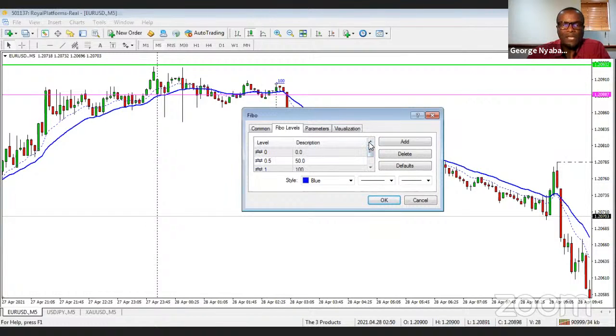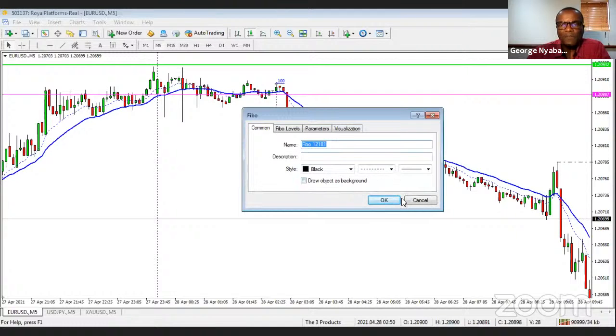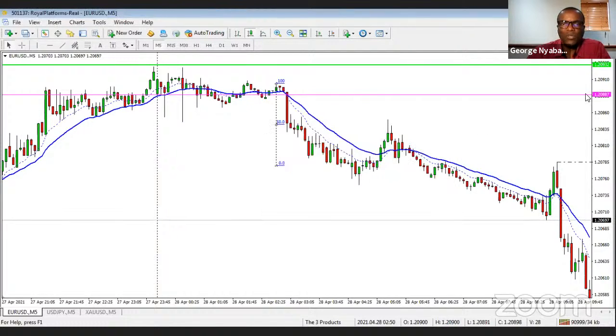So delete everything else, leave the 0 level, the 50% level, and the 100% level. That's all that you need. Then you can play around with the color that works for your eyes. Still under Fibo levels, if you go to common, you can put dotted lines, etc., so that works for you. That's how you do it. Okay, excellent.